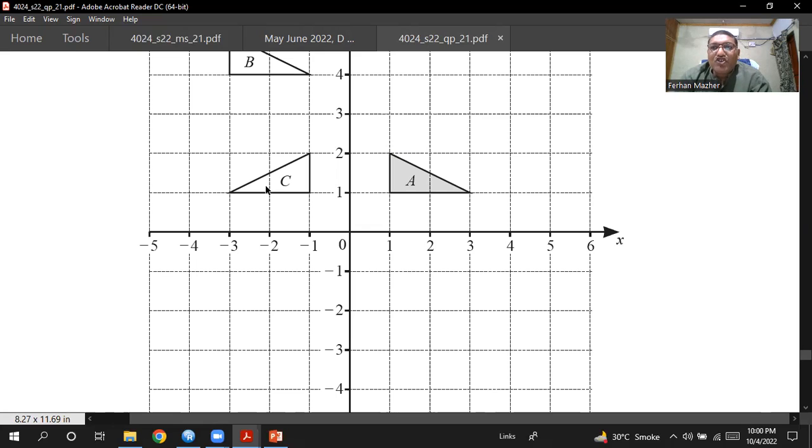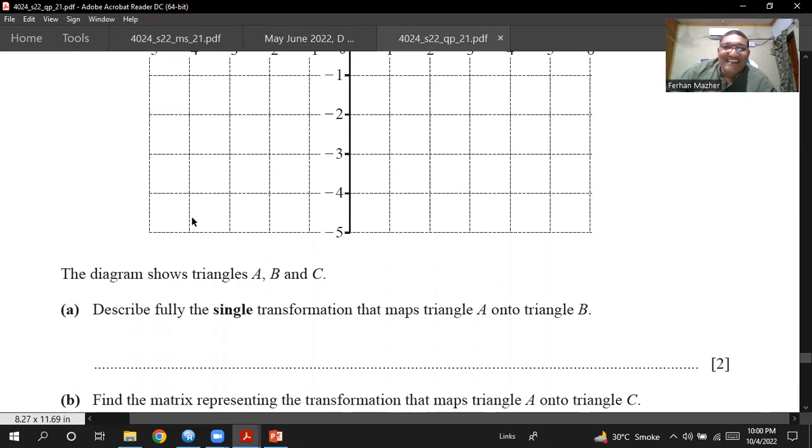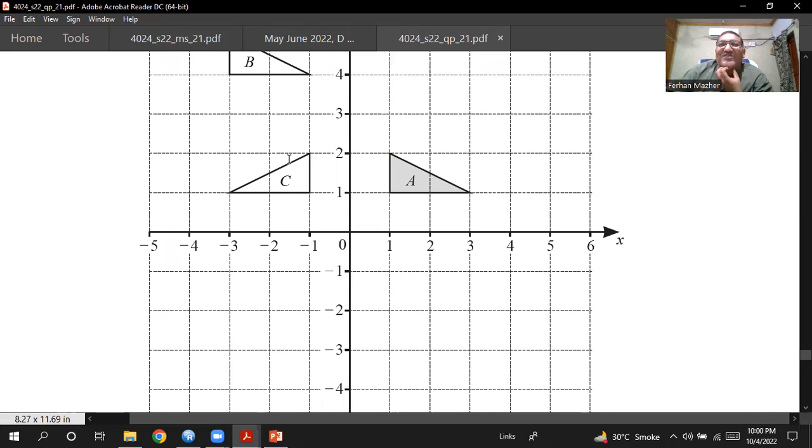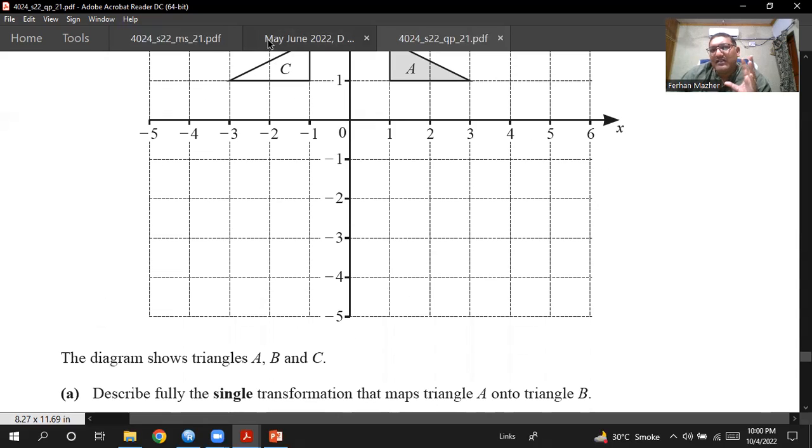Okay. So what is the matrix which represents this? There are two methods now. You can remember the matrix which represents the reflection in the y-axis, or we have a method. The method is very simple. I take 2 points on the object, I take the same 2 points on the image, and then I use that equation, you remember?